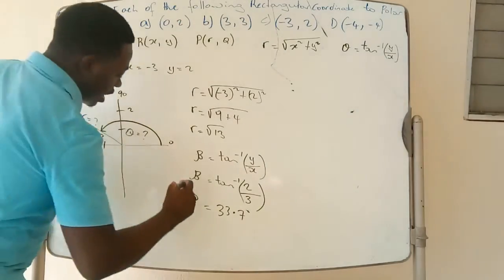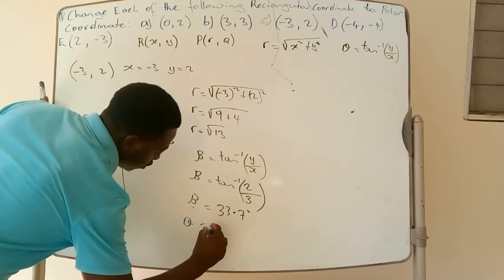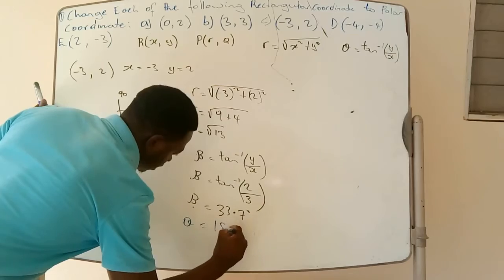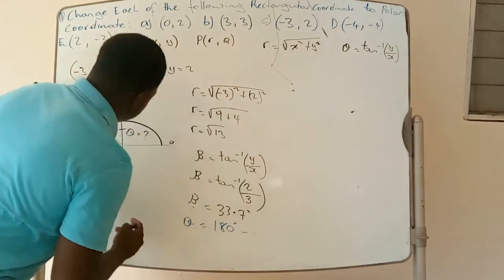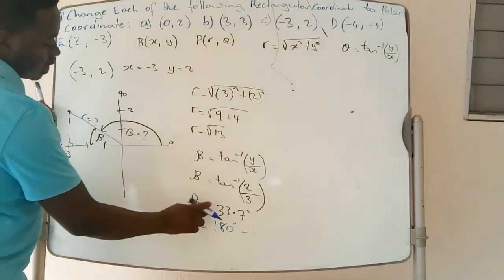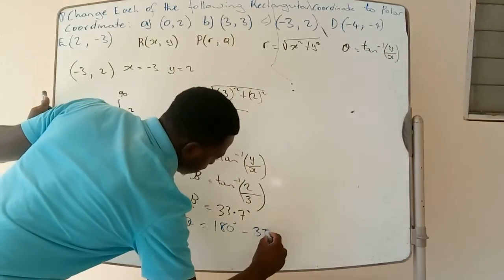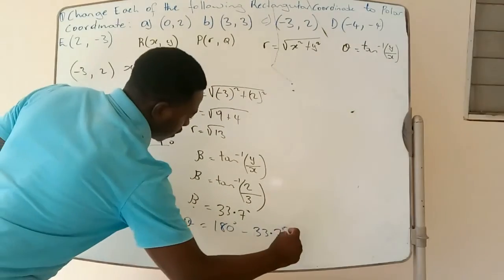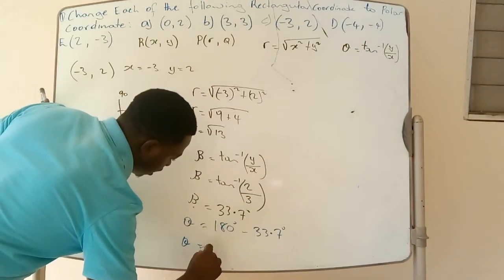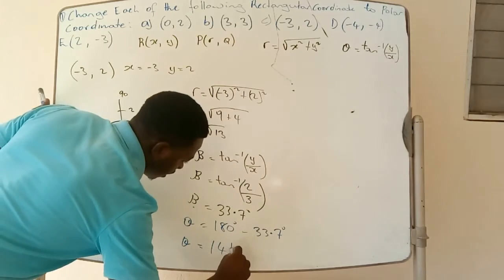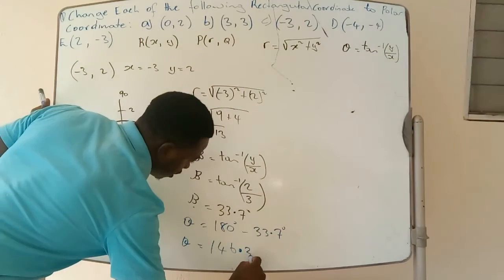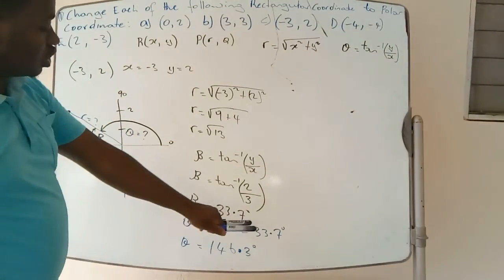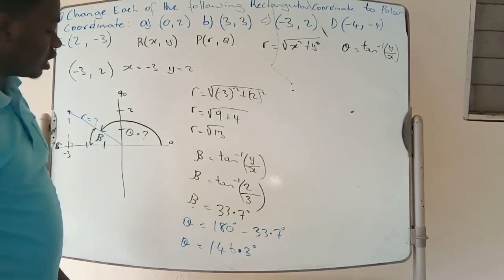So we can therefore say that theta is equal to this angle here, which is 180 degrees minus beta, which we just calculated, which is 33.7 degrees. Now, theta is equal to 146.3 degrees, right? Because 180 minus 33.7, that's just 146.3 degrees.